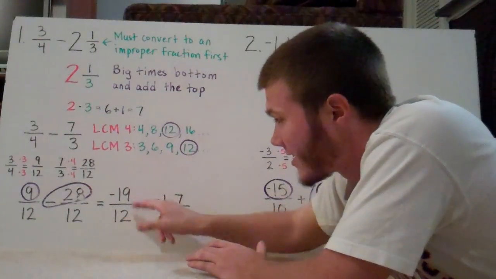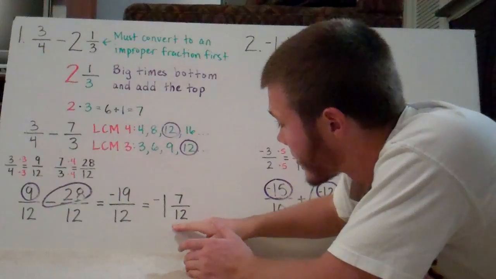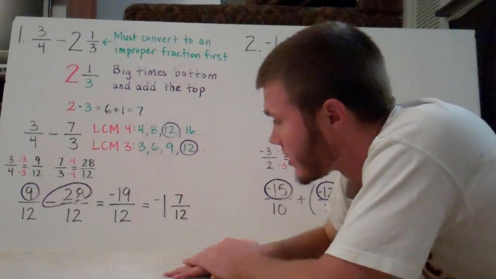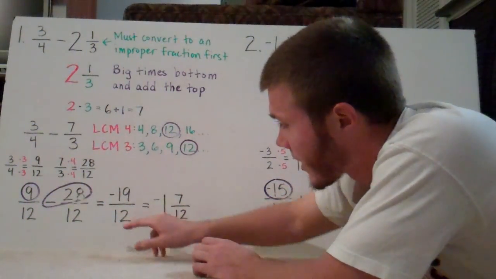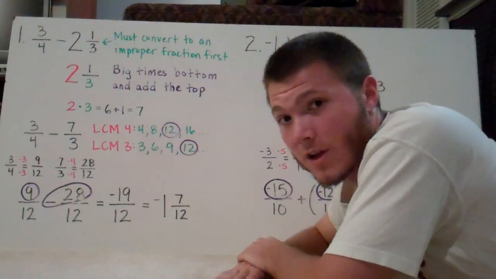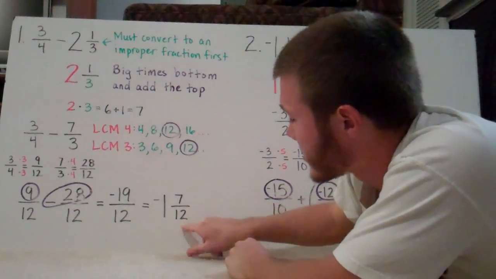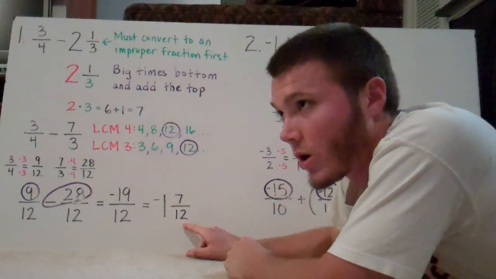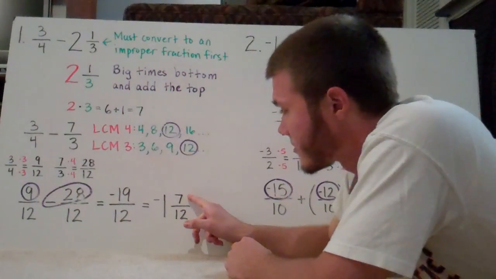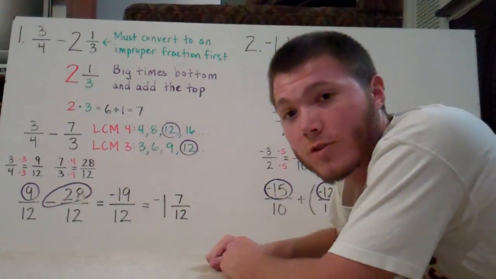But we have 19 here, which means we would need 7 more 12ths to make this equal to that. So negative 19/12 is going to become negative 1 and 7/12. If you wanted to go back and check your work, think back to this rule. Big times the bottom, 1 times 12 is 12. Add the top is, well, 12 plus 7 is 19. There you go. So you did it right.